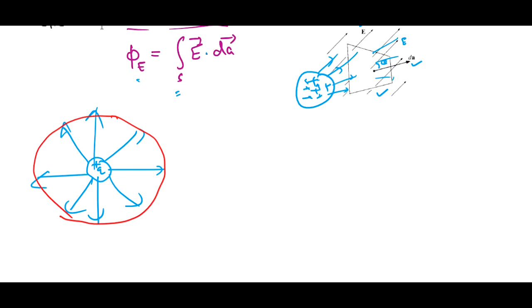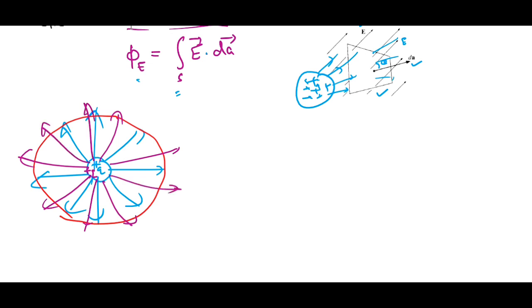Then if I keep more charges at the center, that is, I place one more +q charge, then the number of electric field lines passing through the surface will be increased. That is, the flux through any closed surface is a measure of the total charge inside. That is the essence of Gauss's law.